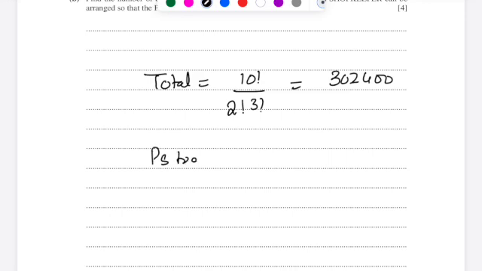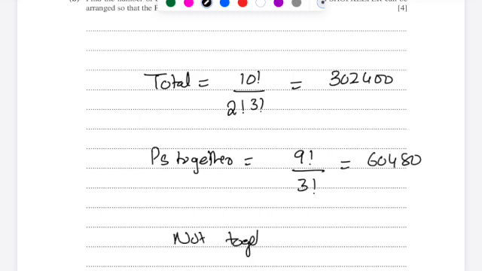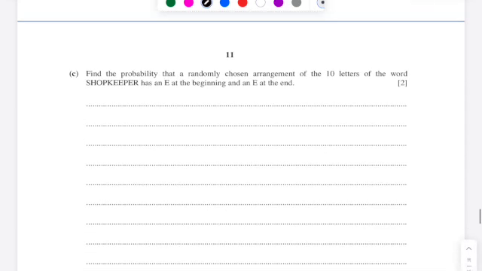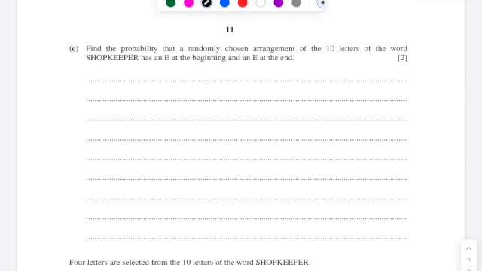With P's together, 9 factorial by 3 factorial, 60,480. So not together will be 302,400 minus 60,480, which is going to be 241,920.